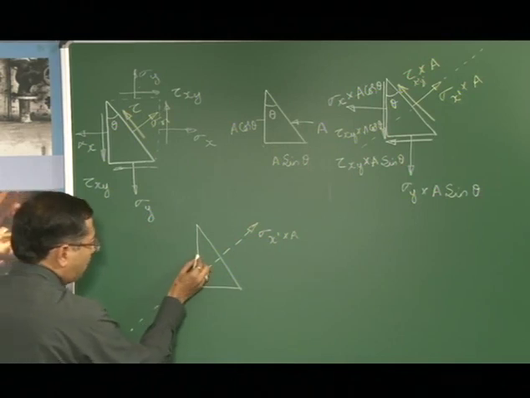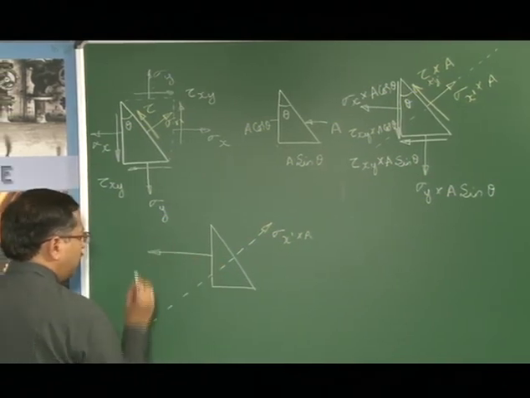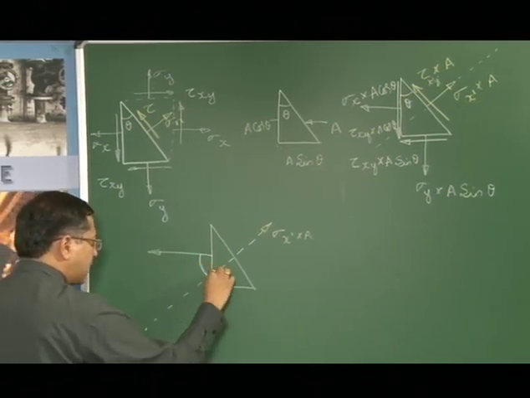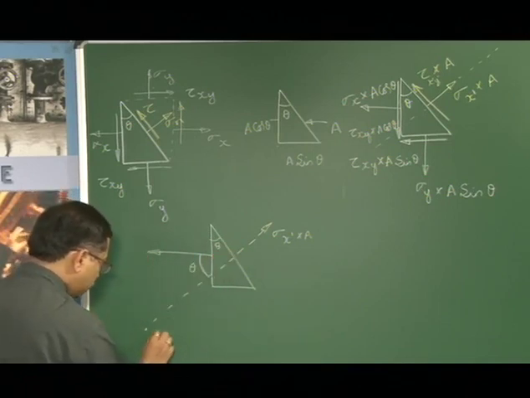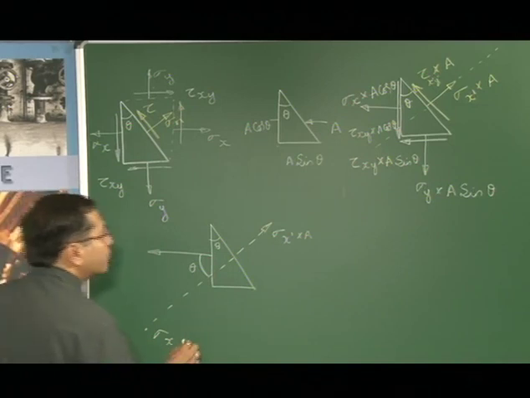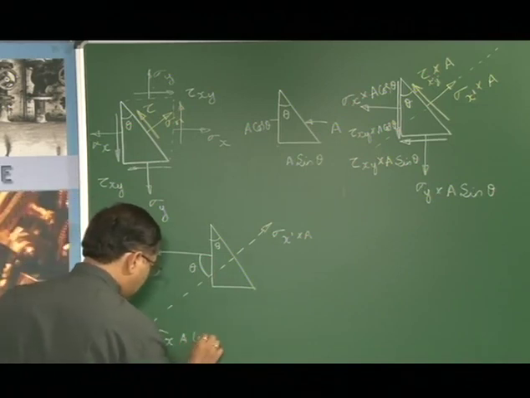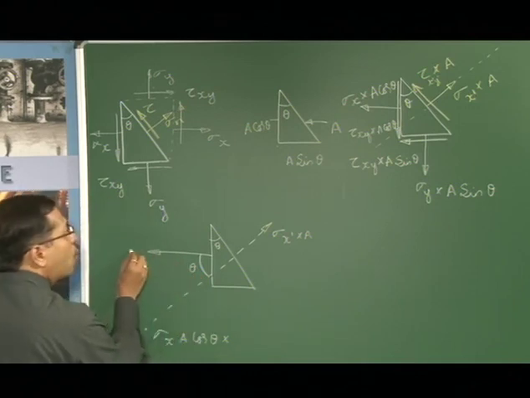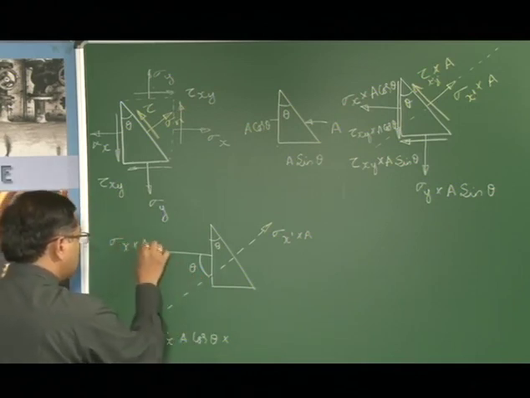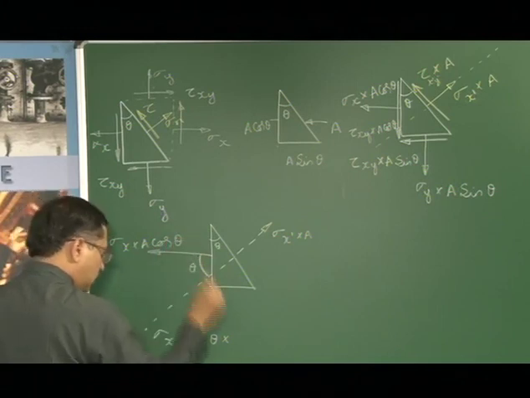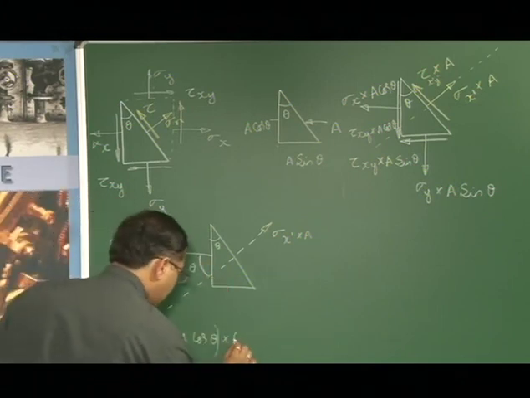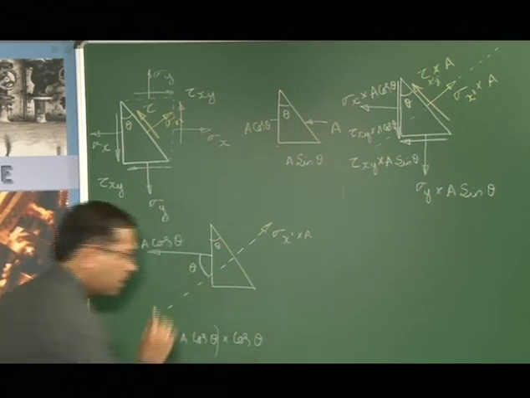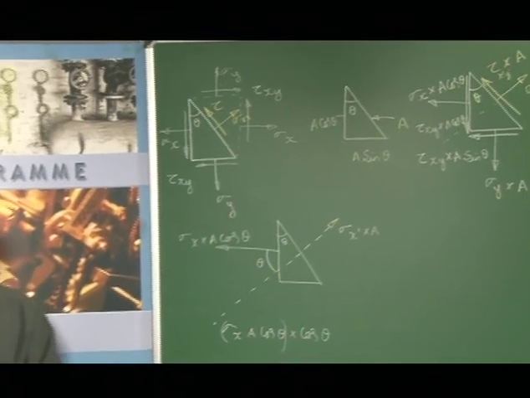Next we have this force which we have indicated. When I resolve it, this angle would be the same as this, which is theta. So if I resolve this, this would be sigma x A cos theta, the force, into cos theta when I resolve it along this plane. That is what is represented here.